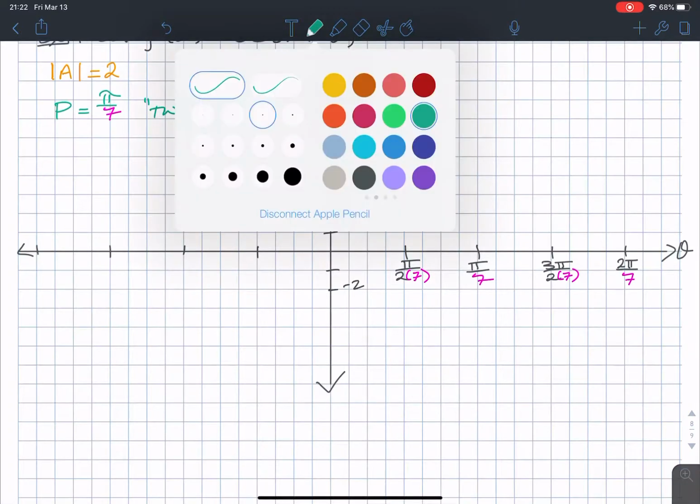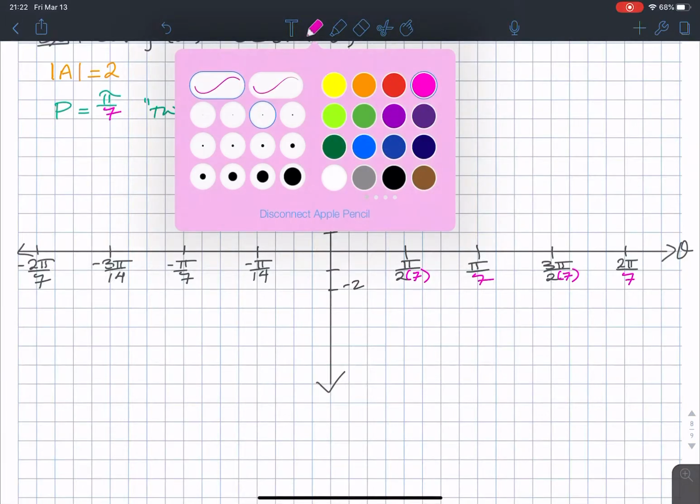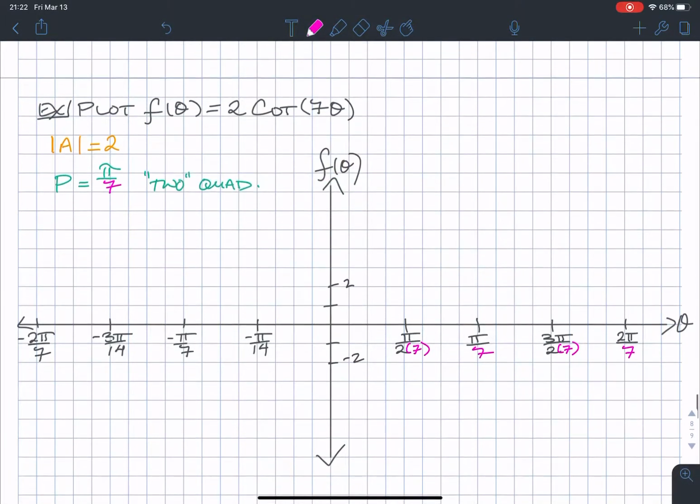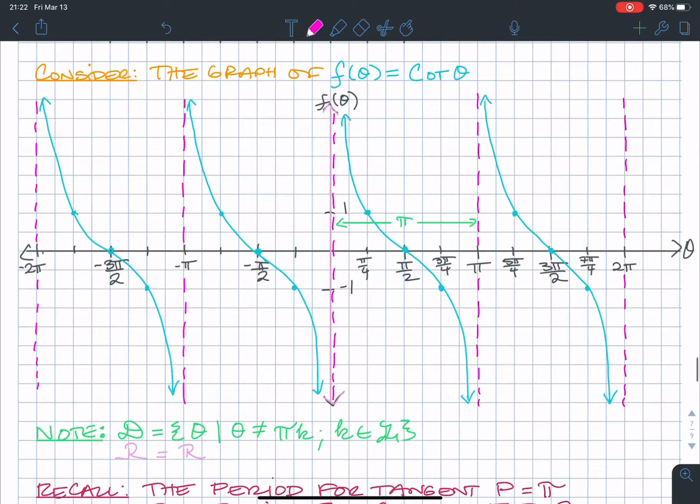Okay, so now going backwards, that would correspond to minus pi over 14, minus pi over 7, minus 3 pi over 14, and last but not least, minus 2 pi over 7. Okay, so for cotangent, I know that the asymptotes start on the y-axis and are every 2 quadrants.